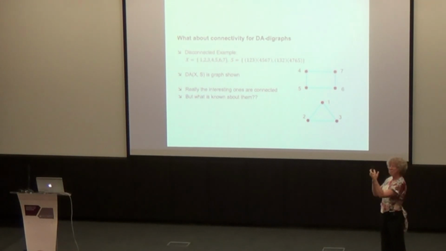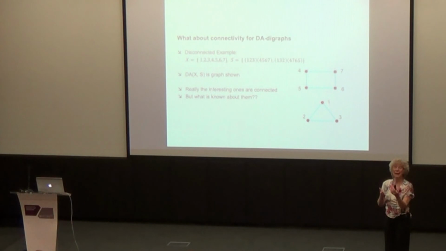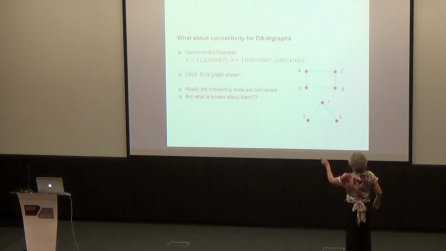So if I take any two nice looking graphs that I know how to write, this one and this one, as a DA graph using the same number of derangements for each, I can then write my set S. So this 3 cycle, I could get it by taking the cycle 1, 2, 3 and the cycle 1, 3, 2.